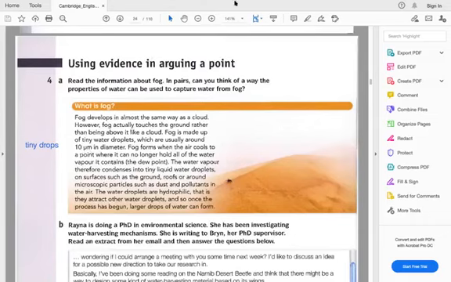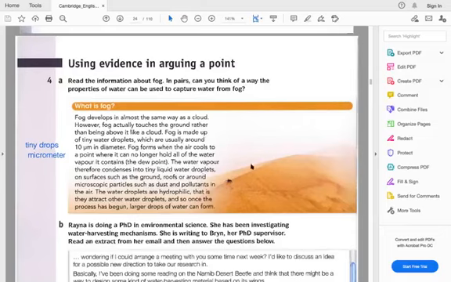This symbol means micrometer. Fog forms when the air cools to a point where it can no longer hold all of the water vapor it contains, the dew point. The water vapor therefore condenses into tiny liquid water droplets.